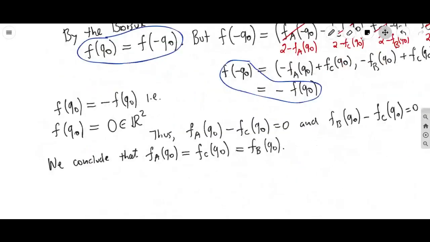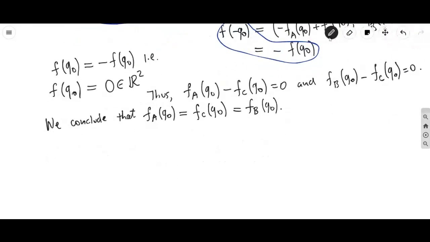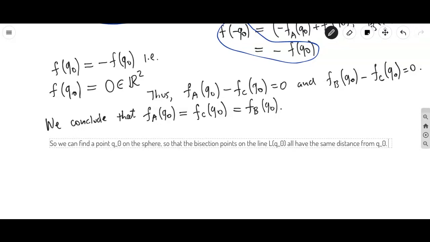And we're saying that you have one point that works for all three of them. So this represents the bisection point. So let's maybe say it in words. We can find a point Q0 on the sphere so that the bisection points on the line L of Q0 all have the same distance from Q0.